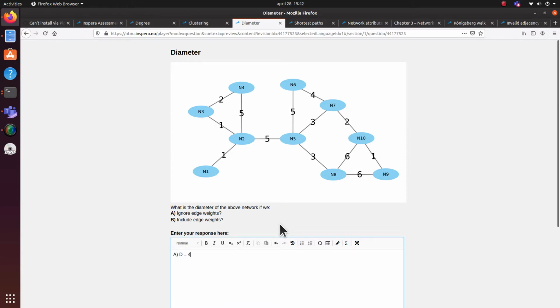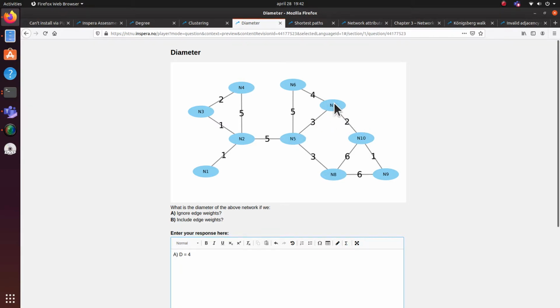With edge weights, it becomes a little bit more complicated, because now we cannot necessarily just look at it. In fact, we see, for instance, that if we look from n5 to n8 or to n10, the shortest path is affected by this.